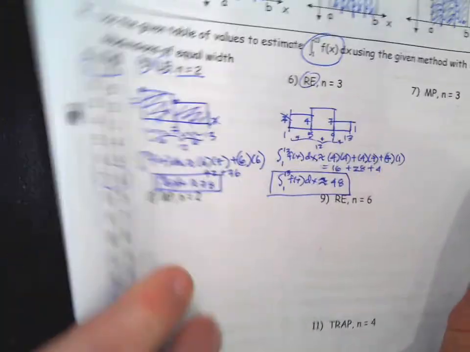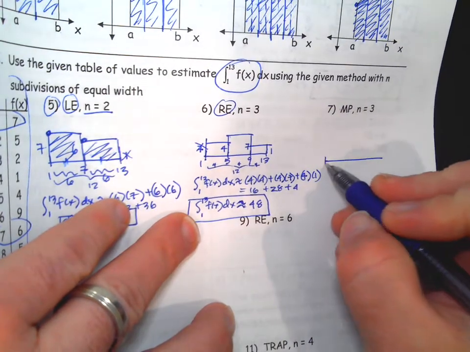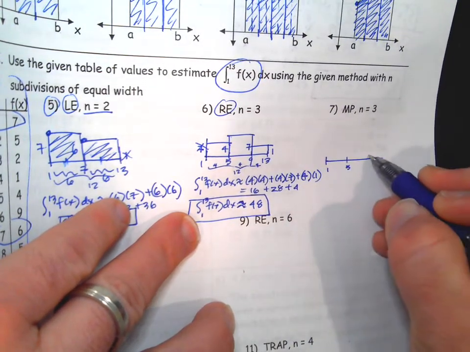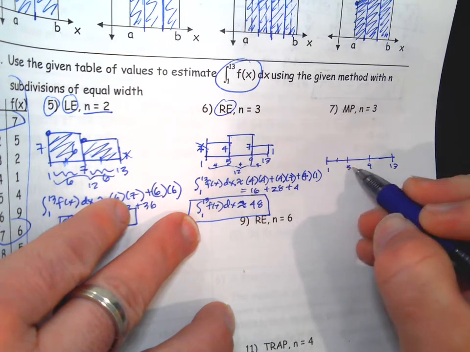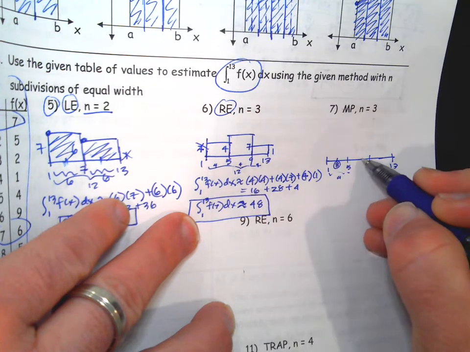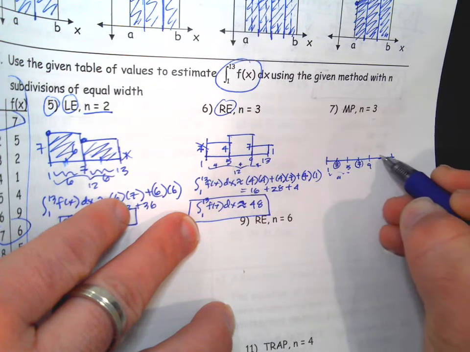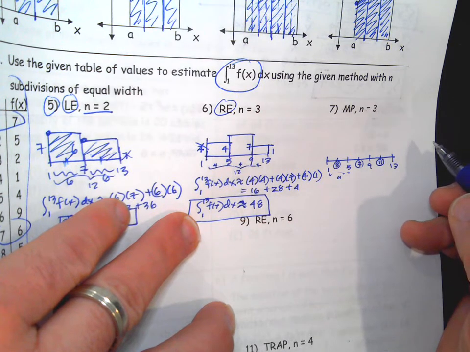More slices is better. So midpoint, this is going to look just like the last one, except for midpoint, we need to find the spot in between them. So the distance is 4, so it's always going to be 2. So we're looking at 3, 7, and 11. Right? Okay.